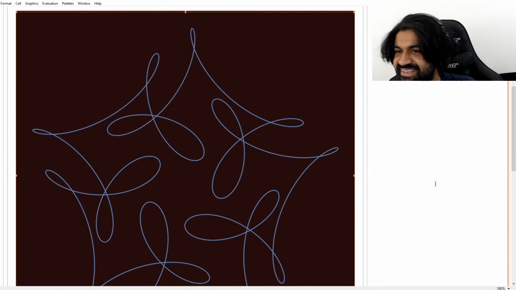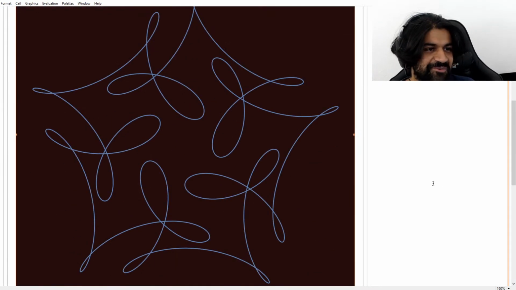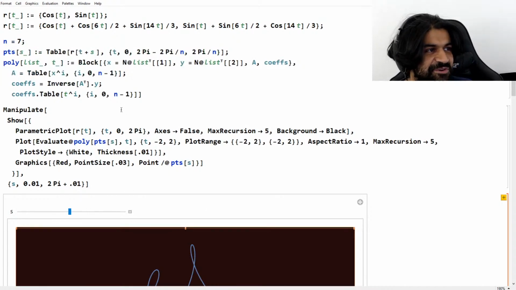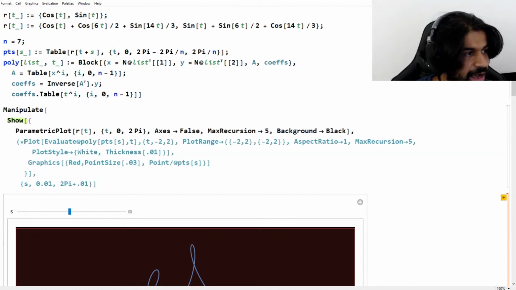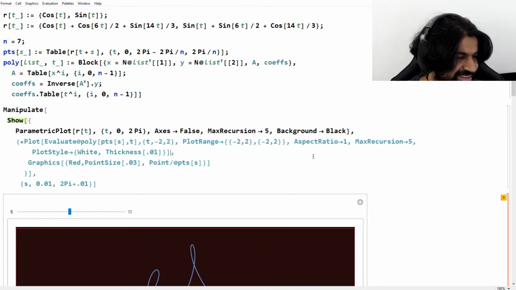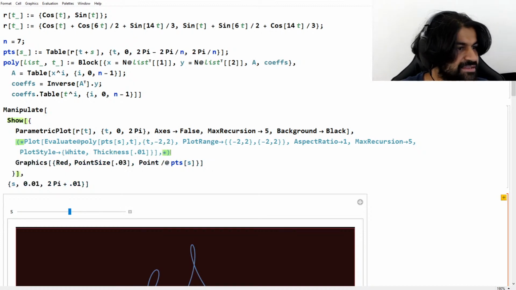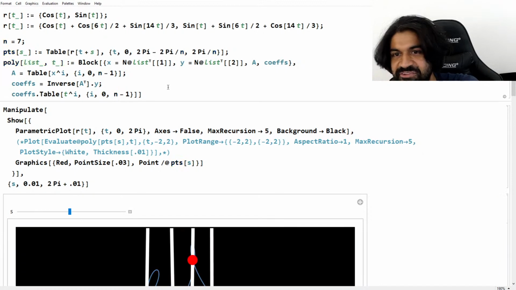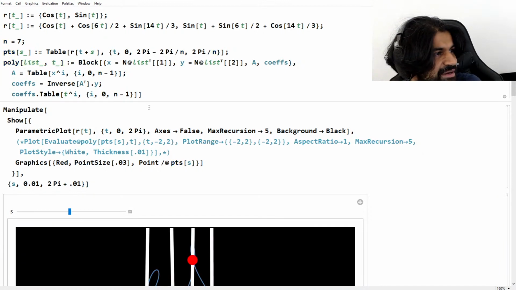Okay, so this is the function we're dealing with, and the only reason I have this function is that I would like to plot a bunch of points traveling around this function. Okay. So what I'm going to do is take 7 points. Let's see here.